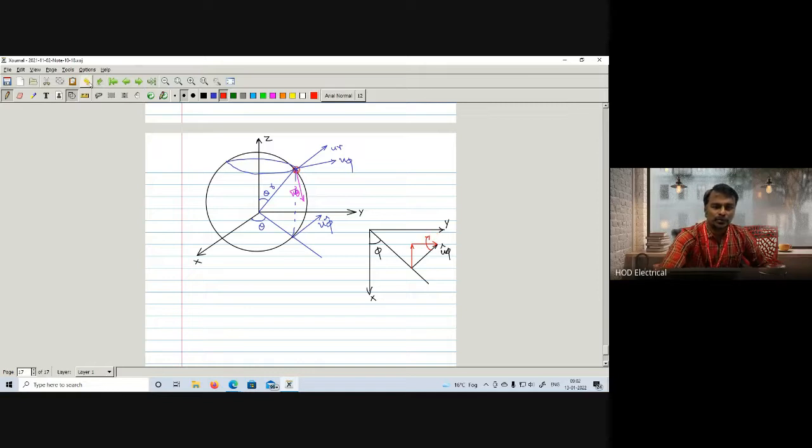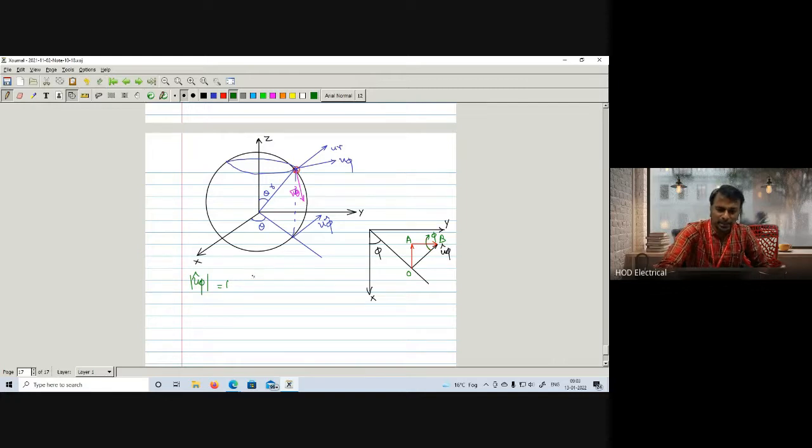Now you can see this angle is nothing but phi, right? We know that the magnitude of u phi is equal to 1 since this is a unit vector. So take one point, this is O, this will be A, this will be B. We want to know what OA is and what AB is.